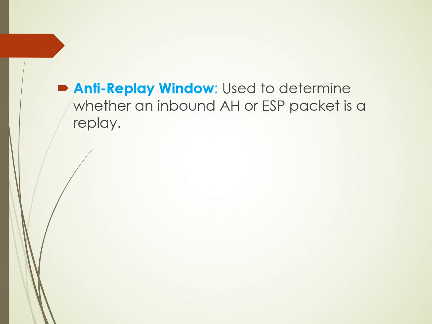The fourth parameter is the anti-replay window. This parameter is used to determine whether an inbound authentication header or ESP packet is a replay. Sometimes the same packet is received by the receiver many times.